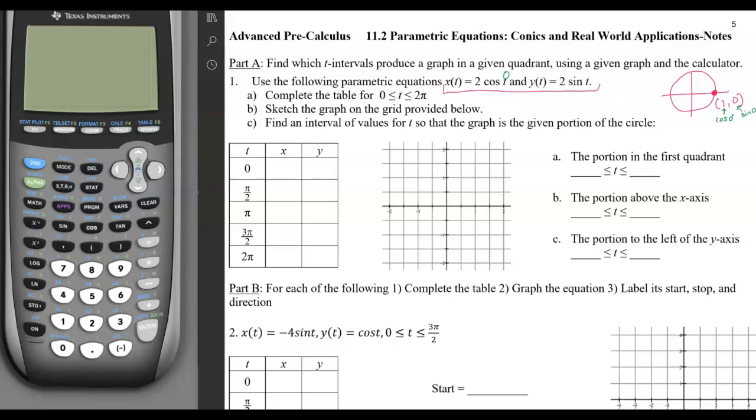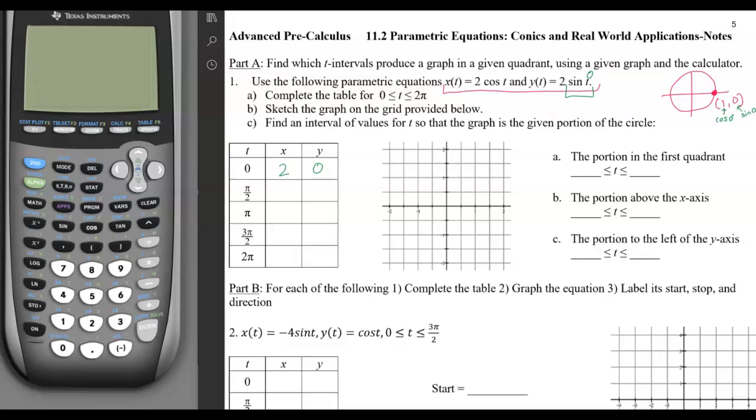I need to take that 1 and multiply it by 2. So my x value is 1 times 2, or 2. We do the same thing for the y value. We take 0 and plug it in for t. What is the sine of 0? Again, it's easiest to think about the unit circle. What is the y value of the 0 degree angle? The y value of the 0 degree angle is 0. So 2 times 0 gives us 0.